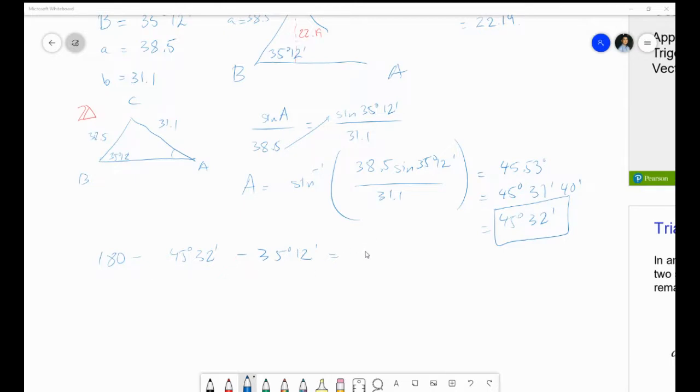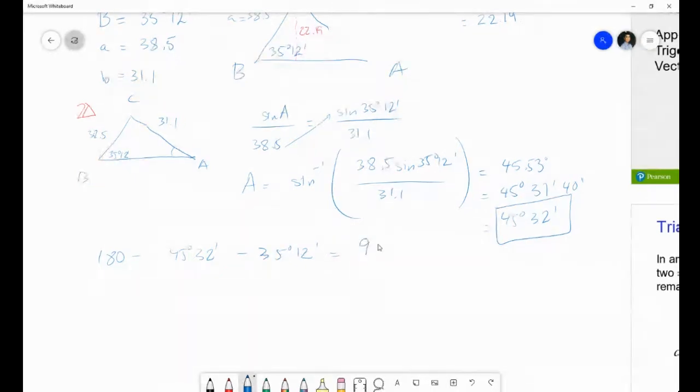Okay, so I got 99.26666. Let's convert that to degrees, minutes, and seconds. So I got 99 degrees and 16 minutes, and this equals C.